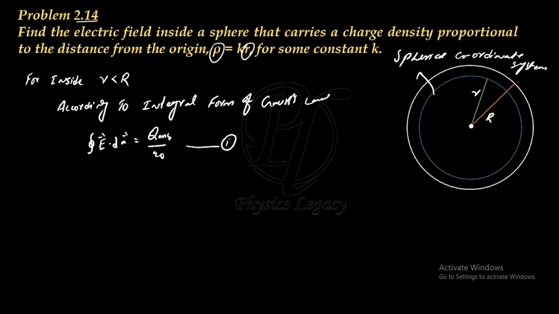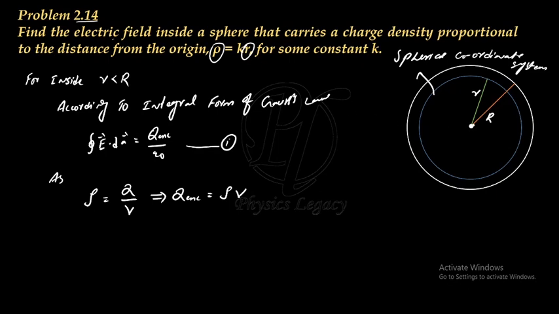Here we have to find Q enclosed by this sphere, which can be calculated by the volume charge distribution relation. Volume charge distribution rho is equal to charge per unit volume, and from here Q enclosed is equal to rho into V. As in our problem, rho is not uniform because rho is proportional to r.